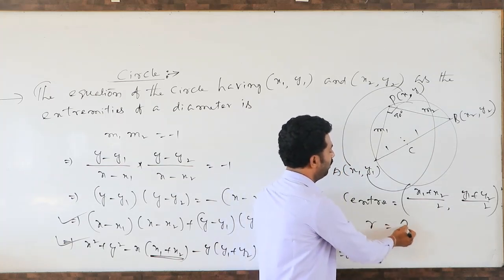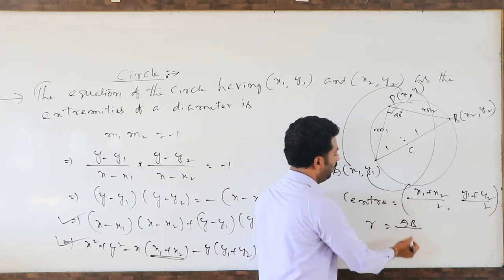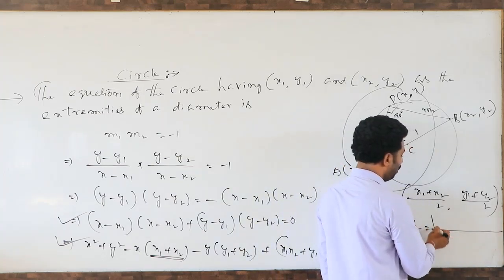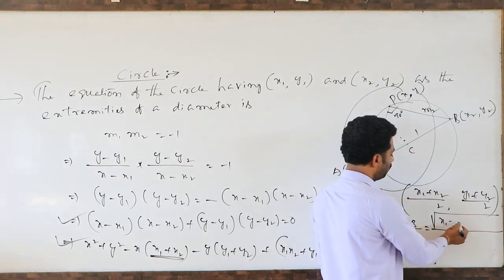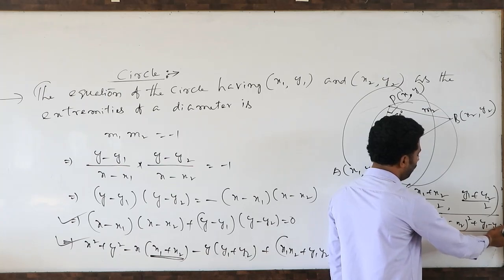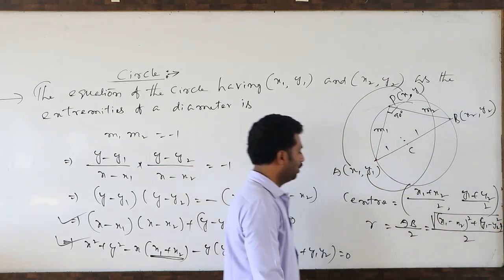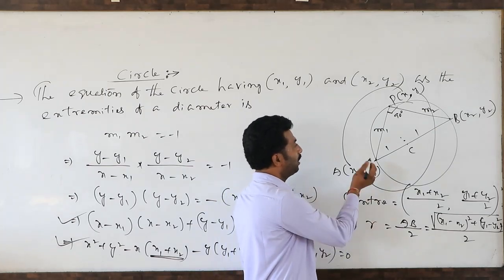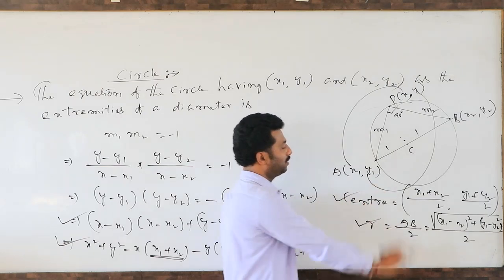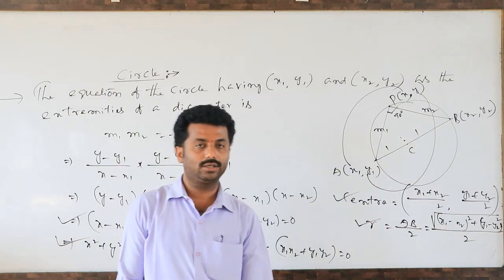Radius is the length of AB divided by 2. Length of AB is root of (x1 minus x2) whole square plus (y1 minus y2) whole square, divided by 2. This is how to calculate the center and radius when end points of the diameter are given. Like this we have to answer.